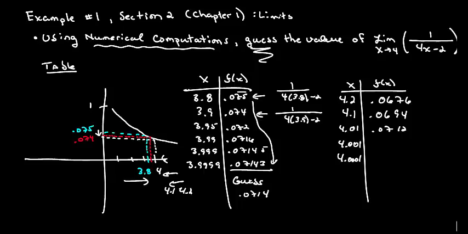Put an extra 0 in there, and we get 0.0714. And if I put one more in, I'm going to get the same thing. Okay, so from the right side, our guess is also 0.0714.